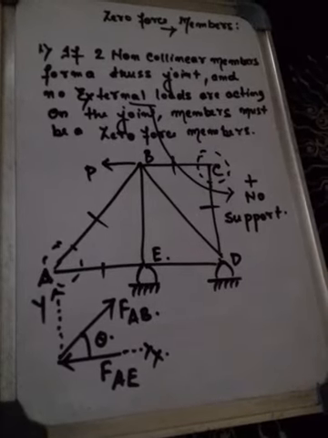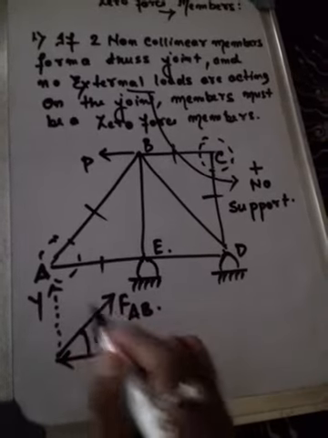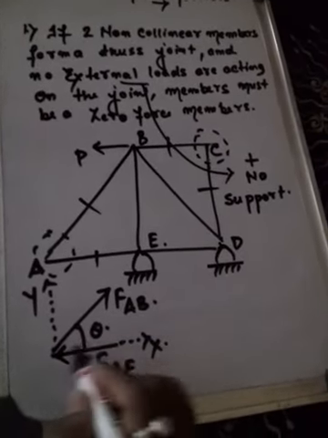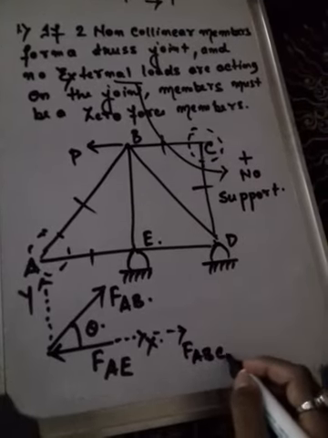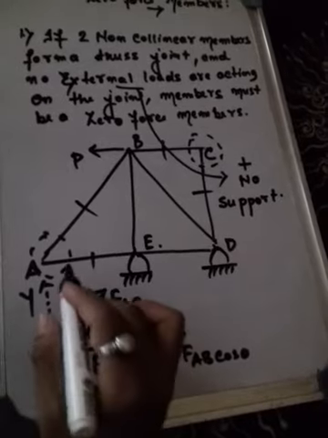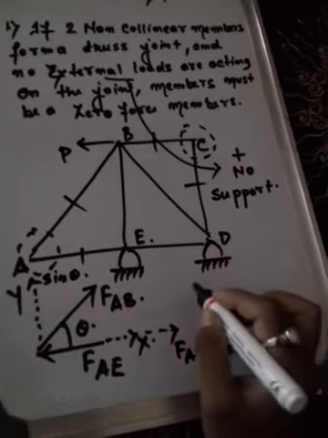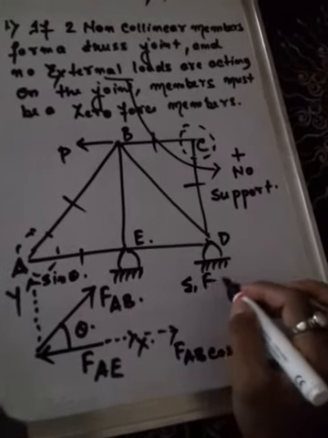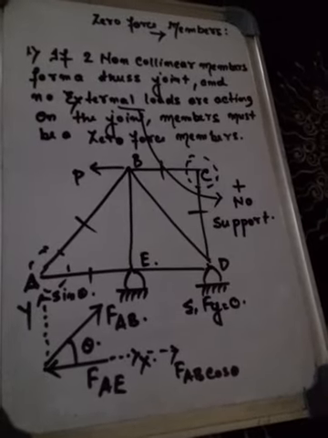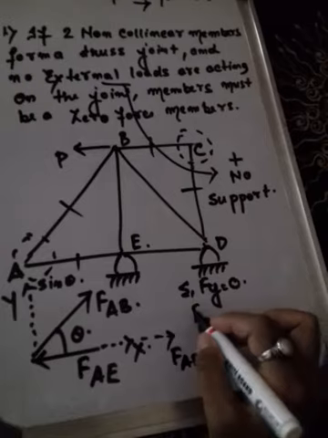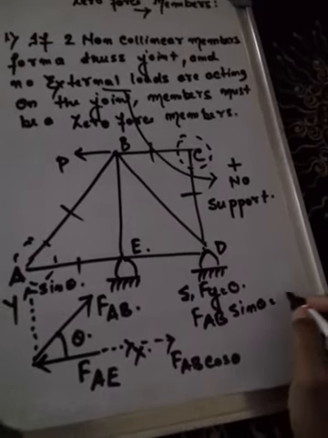Now you just have to divide this into components, that is, this one will be FAB into sine theta and this one will be FAB into cos theta. If you divide it into both components, this will be the sine component, right? So if you quickly do summation of Fy is equal to 0, if you just substitute, that is FAB sine theta, because this is the only component acting in the y direction, is equal to 0.